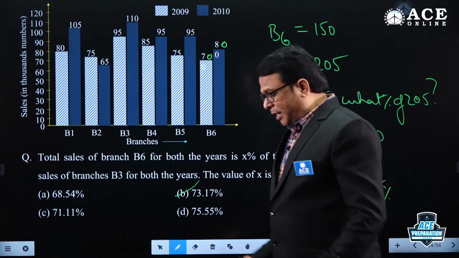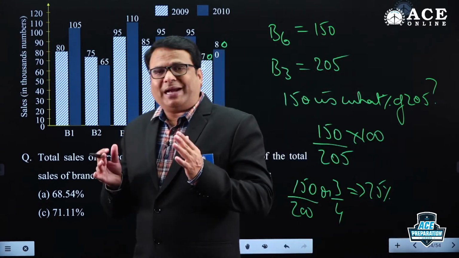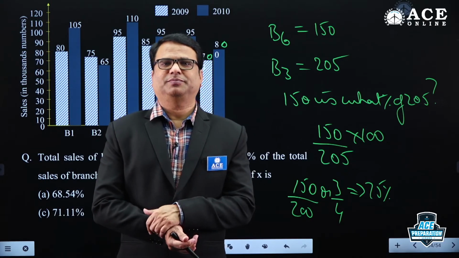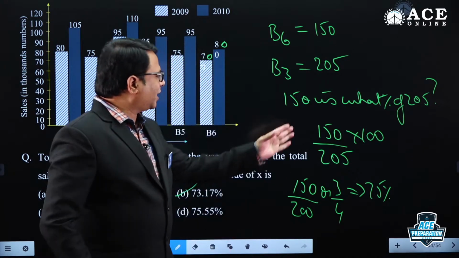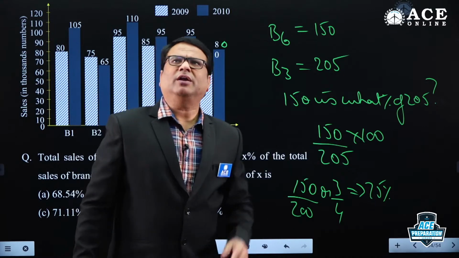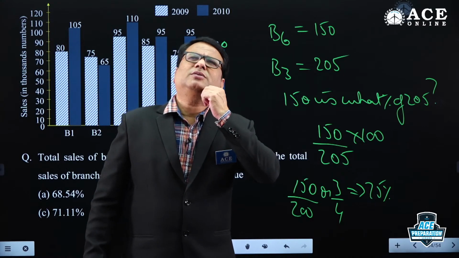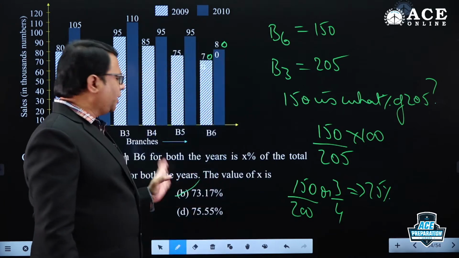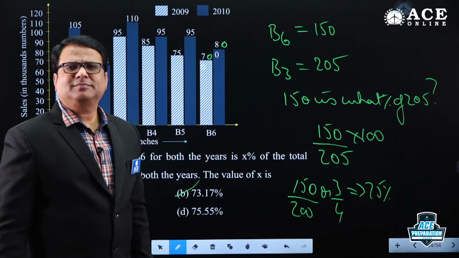I told you, in data interpretation, 90% of the time we have to go for approximations. So just by looking at this figure, 150 by 200 is 75%, so 150 by 205 is slightly less than 75%. So which option? B. Mark the answer.